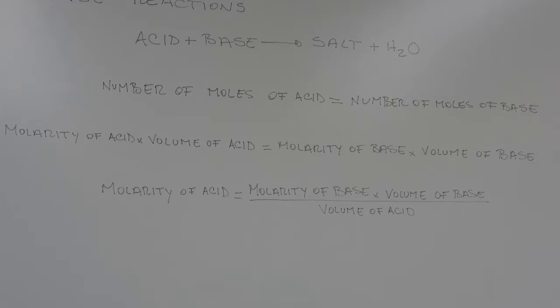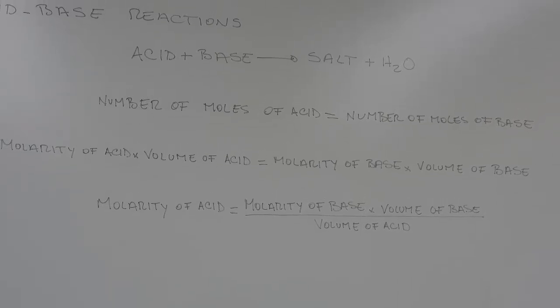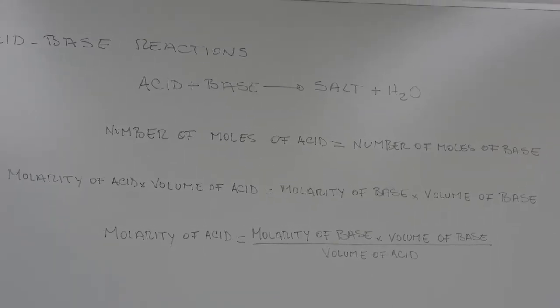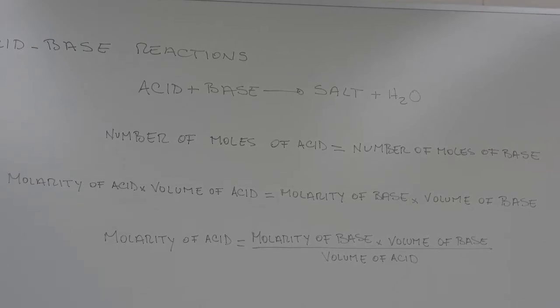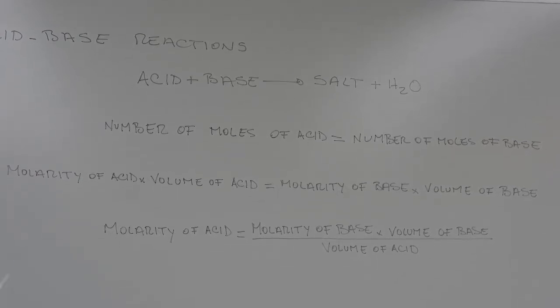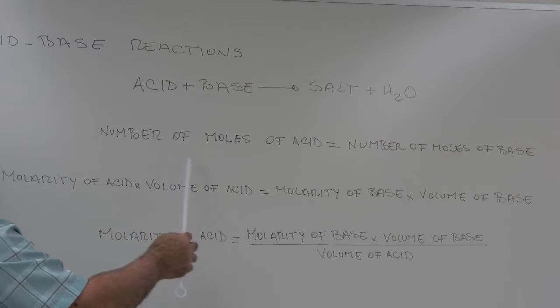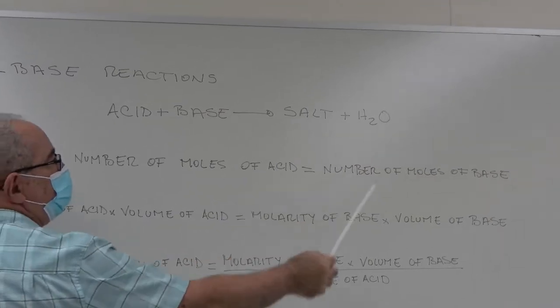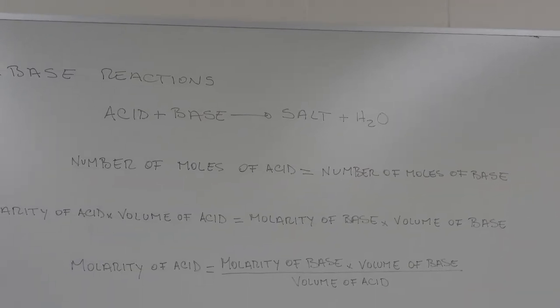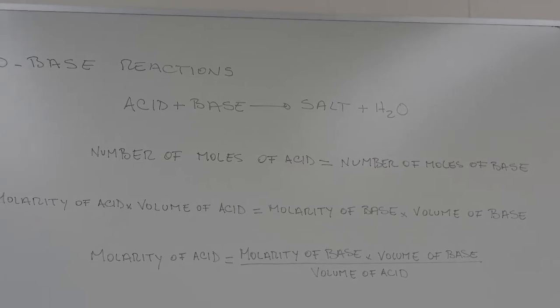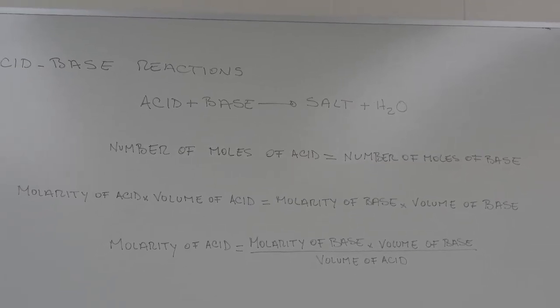Now, the idea of the experiment itself is to determine as precisely as possible the moment when the number of moles of acid is equal to the number of moles of base. And that's called a titration. And that's what we're going to be doing in this experiment.